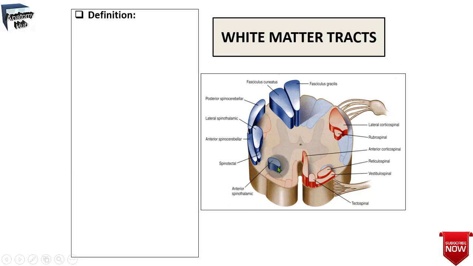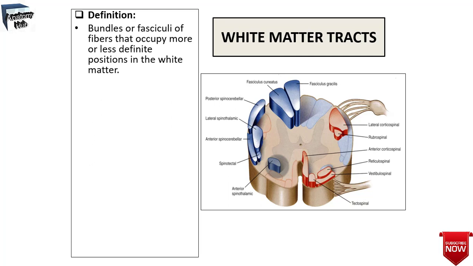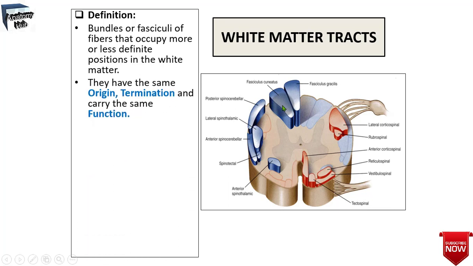The definition of the ascending tracts, or white matter tracts: a bundle of fasciculi of fibers that occupy more or less definite positions in the white matter is known as a tract.